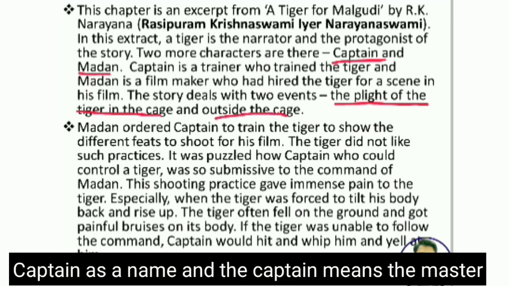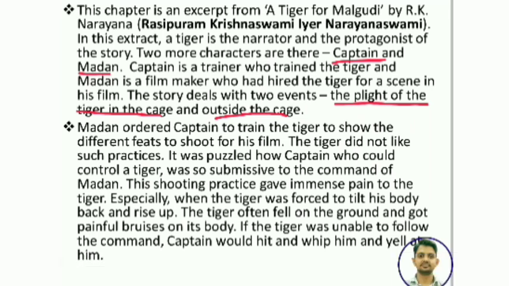The tiger would come out of the cage, and then we would see what would happen to the people, how the tiger would behave coming out of the cage. What we see here, Madan, the filmmaker, ordered the captain to train the tiger in the way he wanted. And the captain, the word used here is submissively, used to listen to Madan.